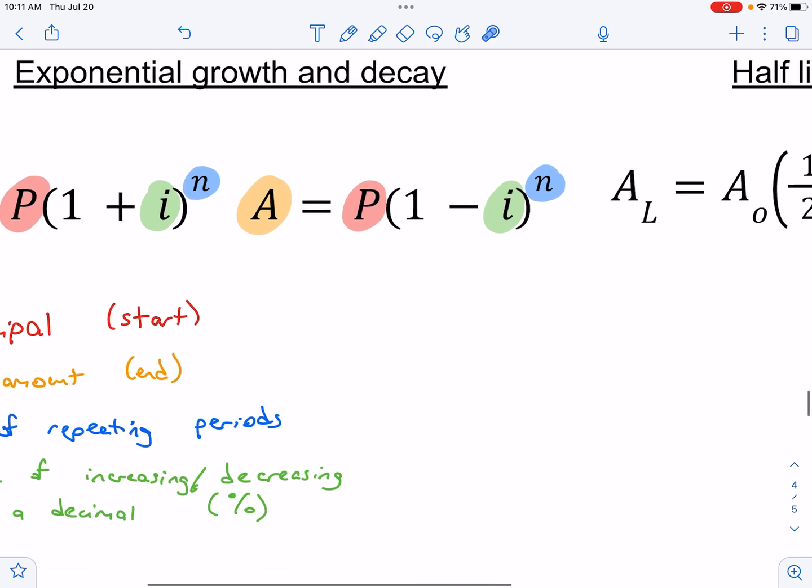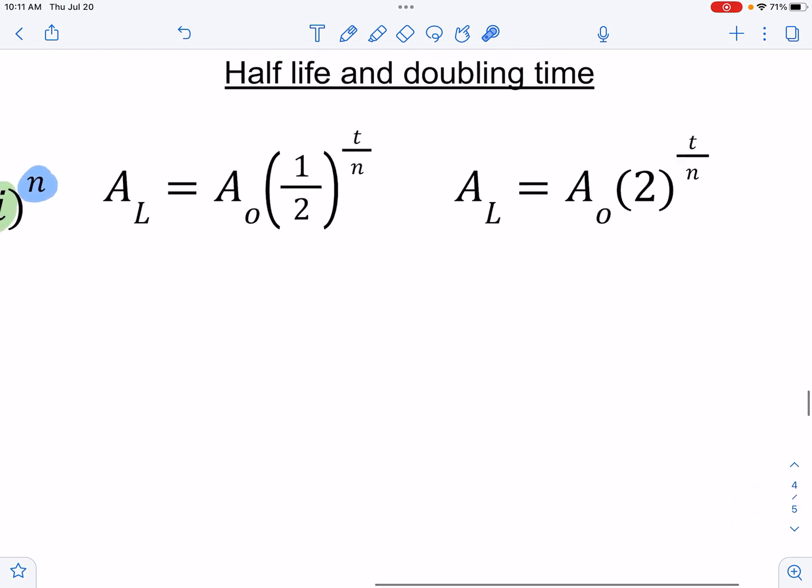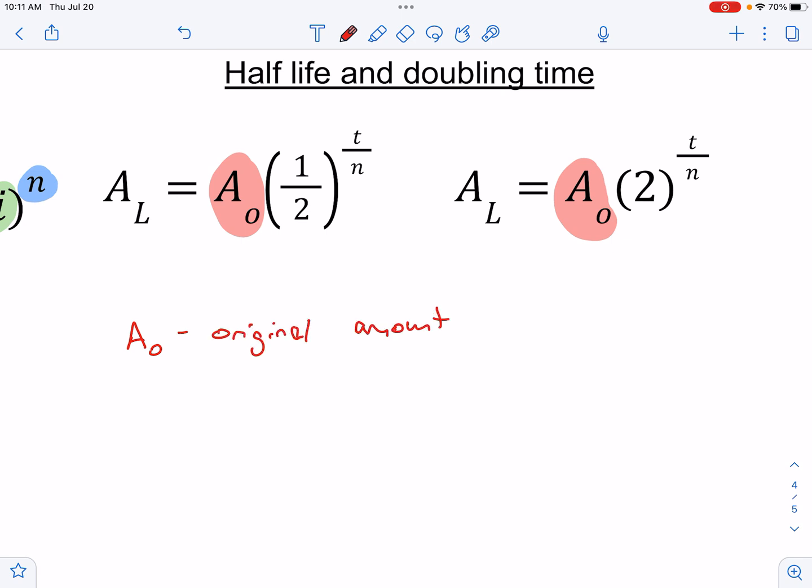Now there are two more formulas to be aware of, our half-life and our doubling time. Okay, a lot of the values remain the same here in terms of the structure of the formula. We have our AO as an original amount. What are you starting at?